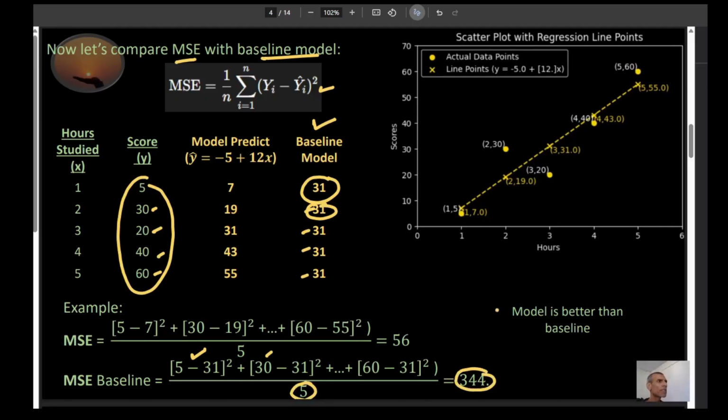So this MSE tells me that my model is doing a better job because your MSE is a lot less compared with the MSE of your baseline model.